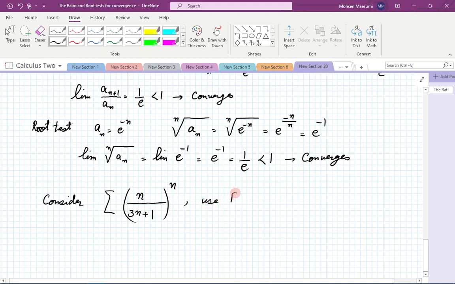Use the root test to determine convergence.